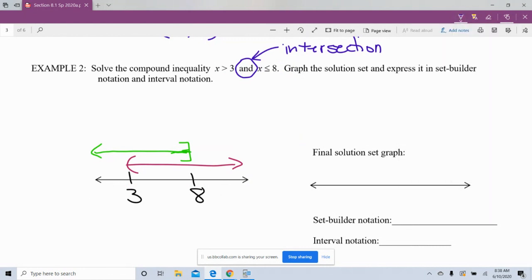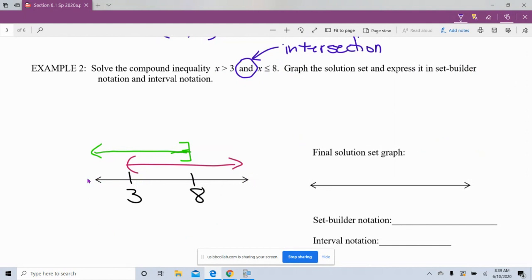So I really want to shade just those numbers that are in both solution sets. This number line is divided into three areas: the area to the left of 3, the area between the 3 and the 8, and the area off to the right of 8.